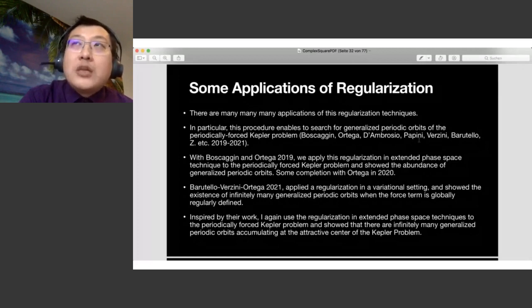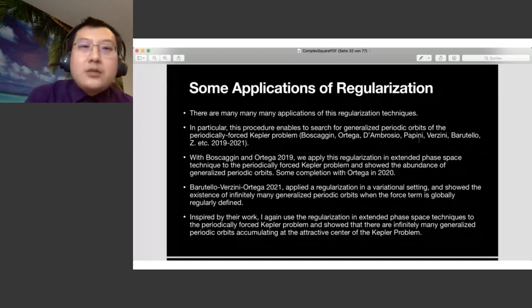So already in an arbitrarily small neighborhood of the attractive center, one finds infinitely many generalized periodic orbits, and this result applies, for example, to the restricted three-body problem as well. This result I obtained in all dimensions, but in dimension 2, the result can be obtained via this complex square mapping technique to regularize the singularities in extended phase space.